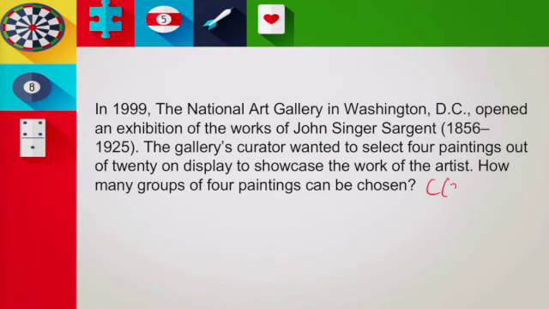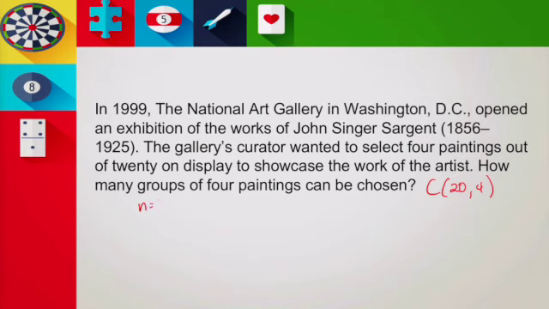So combination of 20 things taken 4 at a time. It could be quite difficult to list all of the possibilities of ways that we can take 4 out of 20. But that's where our handy-dandy combination formula comes in.